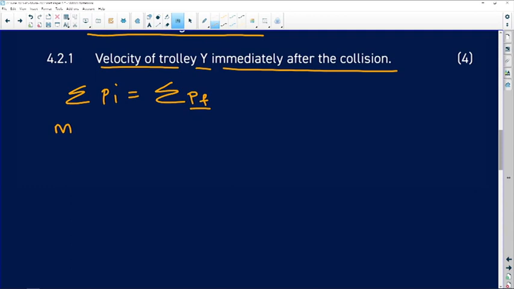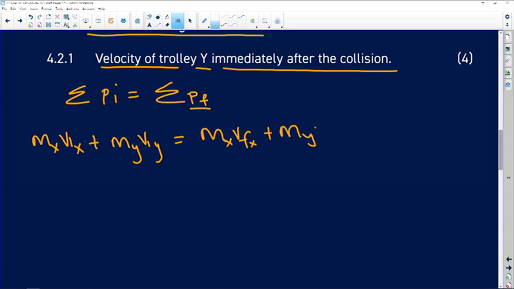So we have mass of X and Vi of X, plus mass of Y, Vi of Y, which will be equal to mass of X, Vf of X, plus mass of Y, Vf of Y. Now, do we know the masses here?